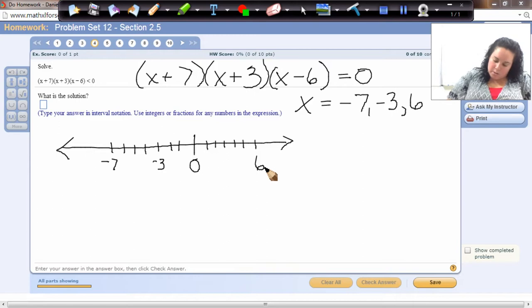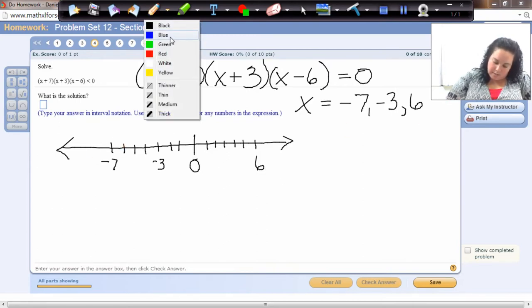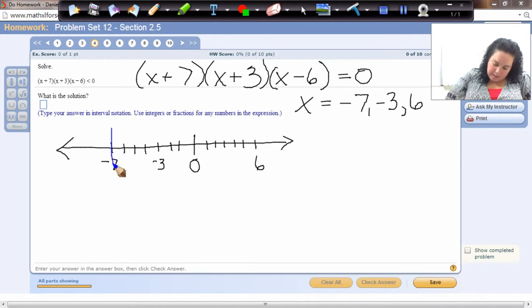We're going to use these solutions to break up our number line into pieces. So we have this as one boundary, this is another boundary, and this is another boundary. So we have 4 pieces on our number line. We're going to pick a point in each piece and plug it back into the original equation to see whether or not we have a solution.